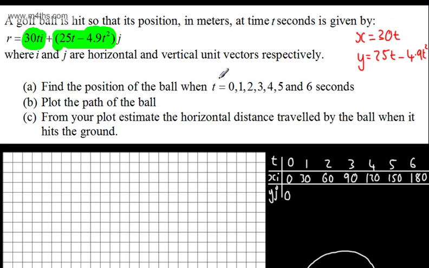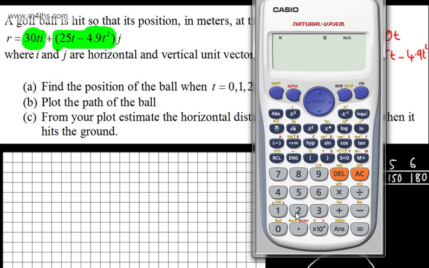So let's go ahead and start substituting in. I'm going to set this up on the calculator. I'm going to plug in 25, then I'm going to alter these values: 25, then minus 4.9, and then the 1 squared. As soon as we see a quadratic function, we can tell that this is going to be a curve.